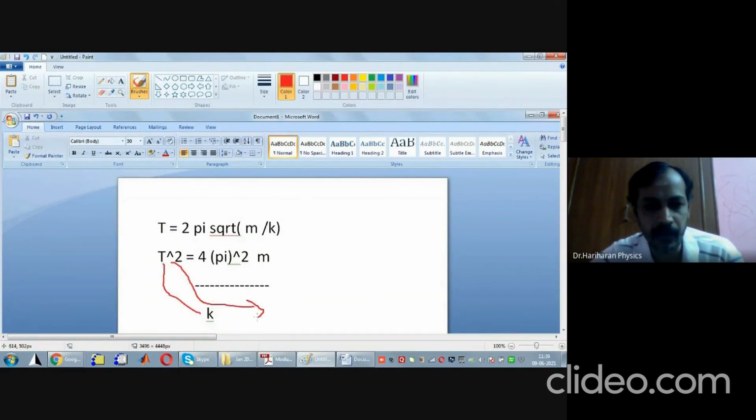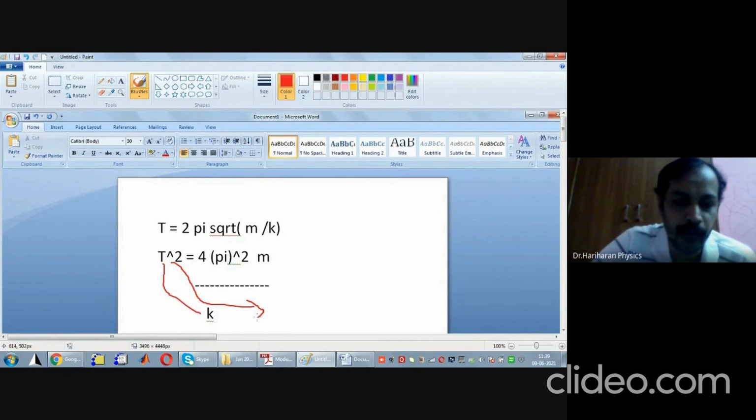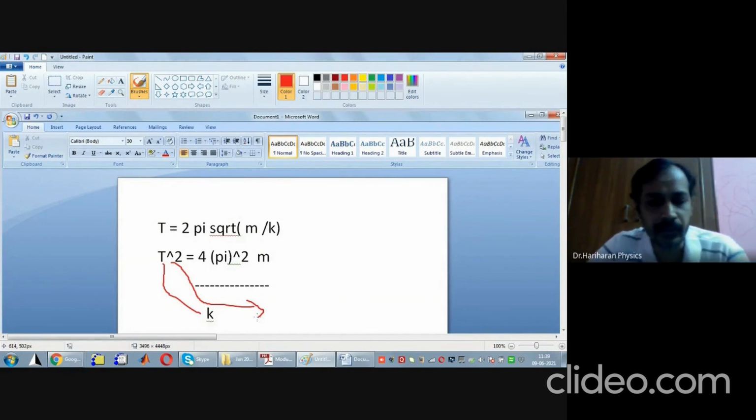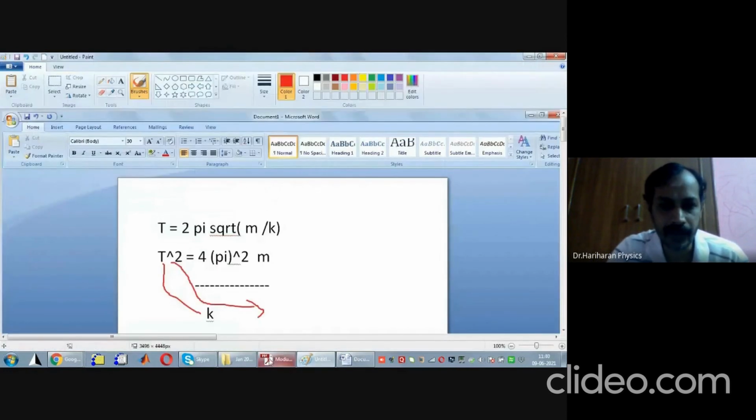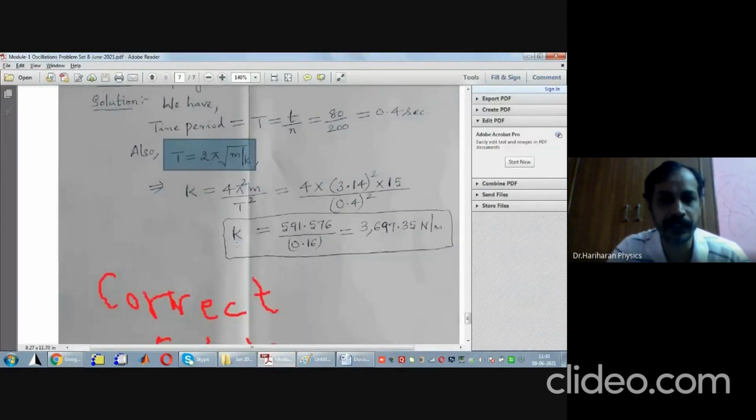That's all. Therefore, small k is equal to 4 pi squared m by T squared. That is precisely this formula.